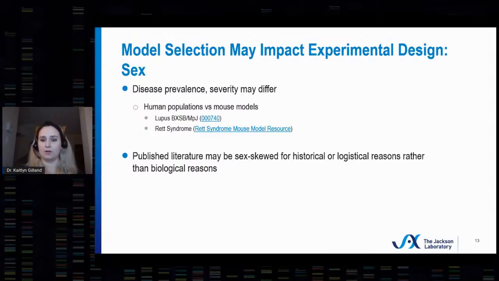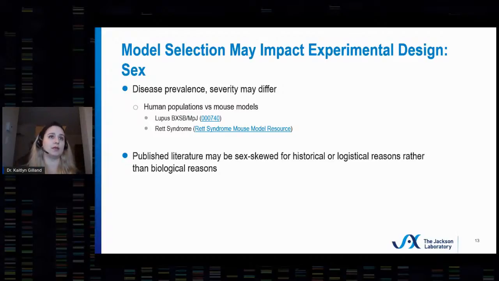Lupus is typical to female patients. However, our mouse model uses male mice. We also have our Rett syndrome model, and these patients are primarily female, but some MECP2 mutants have different phenotypes depending on whether you're looking at males versus females.